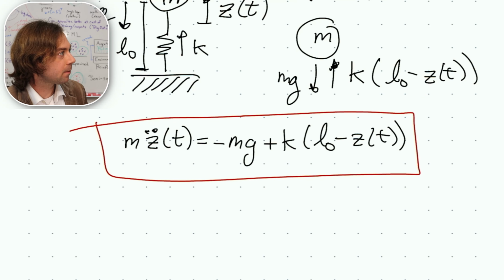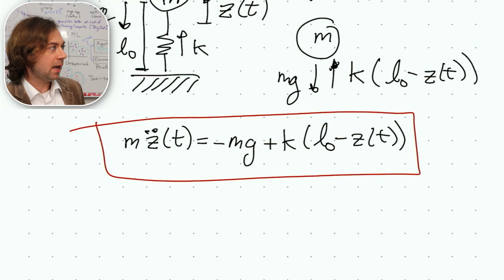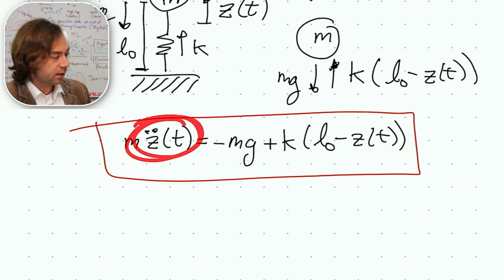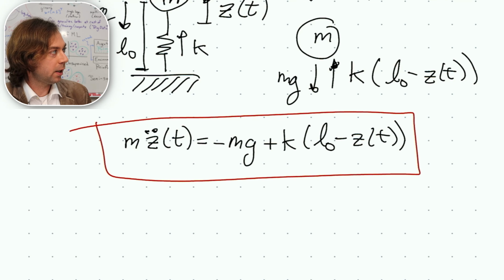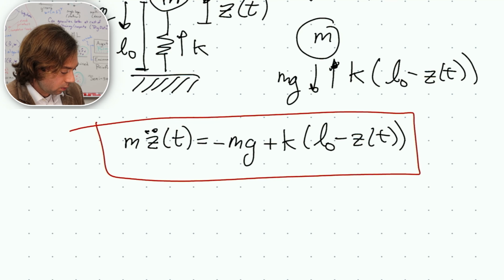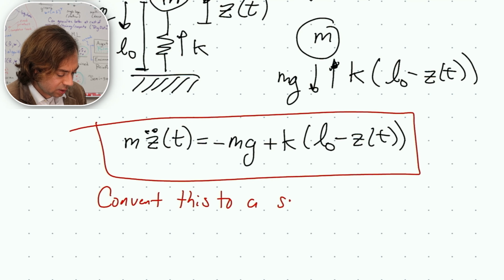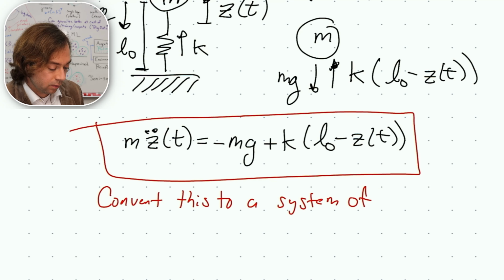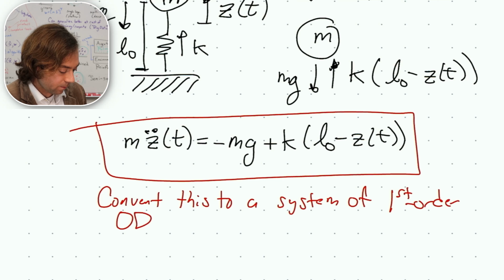Okay. So how do we simulate that using Euler's method? Because you can see we have a second derivative. So we're going to convert this to a system of first order ODEs.